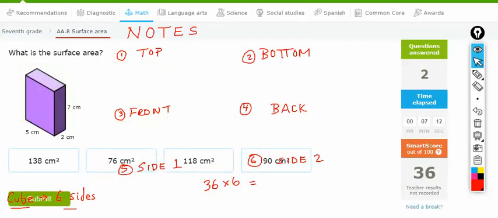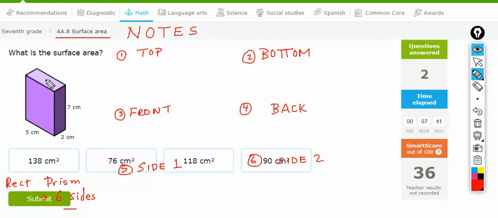Now we have another shape other than a cube, so that gets a little bit more complicated. This looks like a rectangular prism. I believe that's the name of the shape. I'm going to abbreviate it, but we still have the 6 sides. Now we have to think.